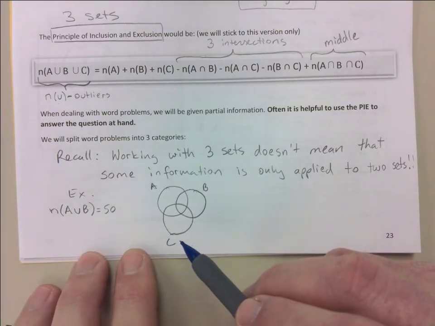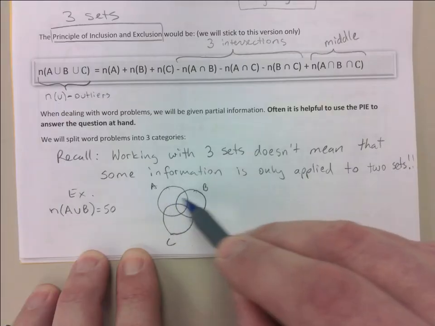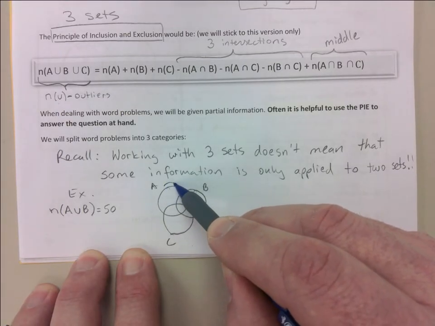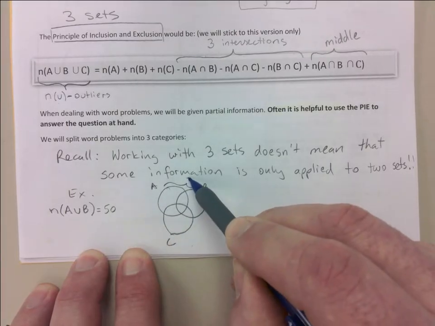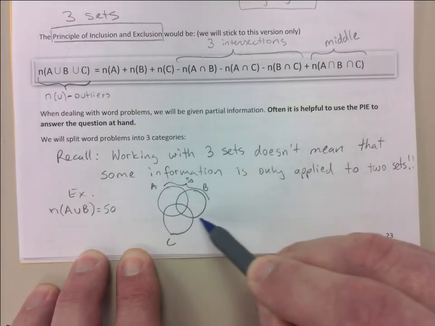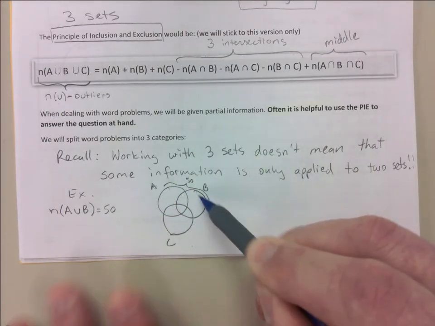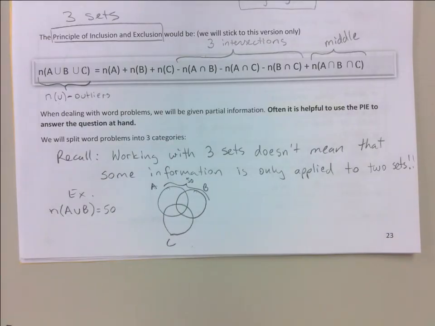It only applies to A or B. It means literally that this information, the 50, is only applicable to whatever is in A and B, right? A or B, I should say. So don't mix them up, or don't be surprised if I do that or if the questions do that. It's part of it. You're going to mix it up. 2 sets, 3 sets, okay? And we're going to slowly fill in with information. Now let's go to page 24.